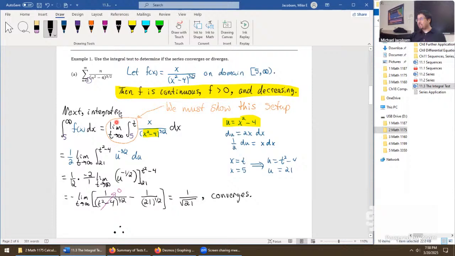Synthesize all of this work, even at the very top, and we can say the summation from 5 to infinity of the sequence n squared minus 4, power 3/2, must also converge by the integral test. And that's our very first one.